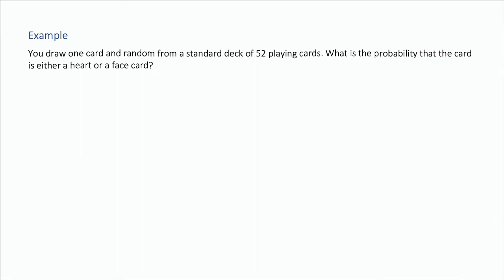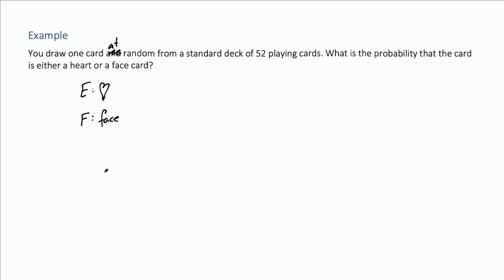You draw one card at random from a standard deck of 52 playing cards. What is the probability that the card is either a heart or a face card? So our two events here: event E is drawing a heart, and event F would be drawing a face card.